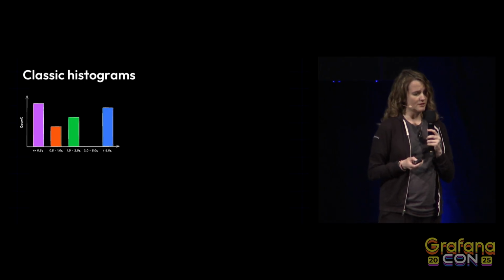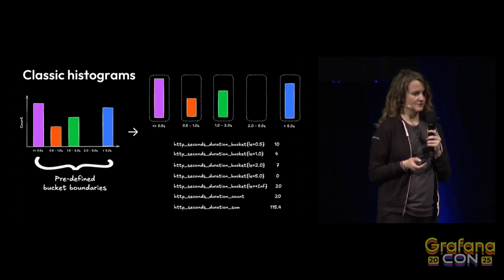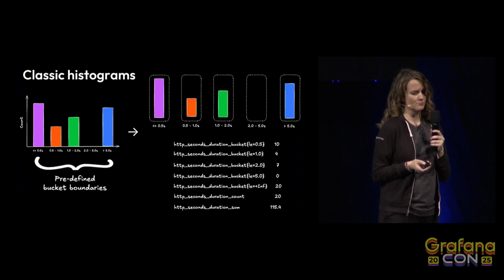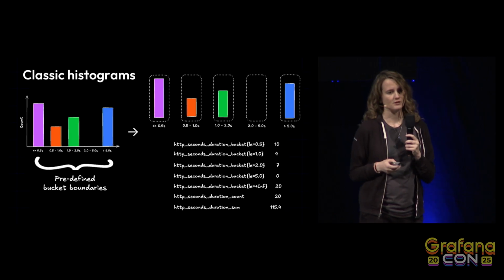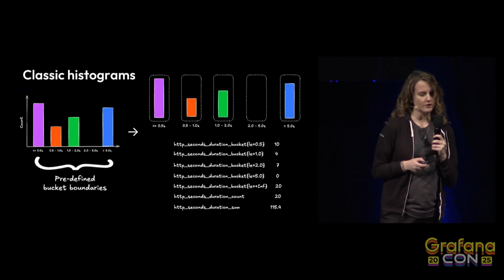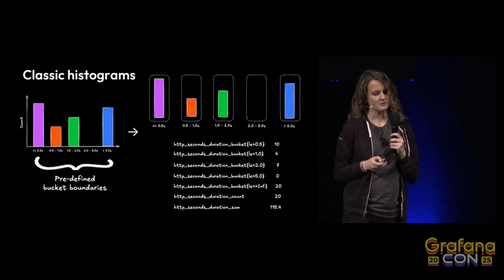Classic histograms require predefined bucket boundaries, and they're represented and stored as multiple time series in Prometheus, one for each of the buckets, as well as one for the count of the data points and one for the sum of the data points. But there are quite a few drawbacks to classic histograms.